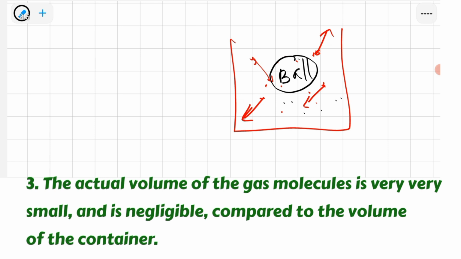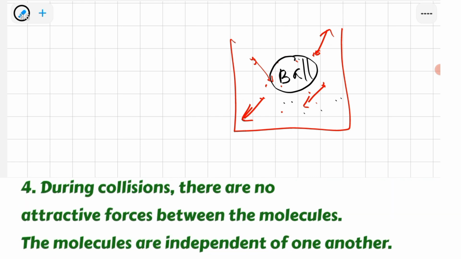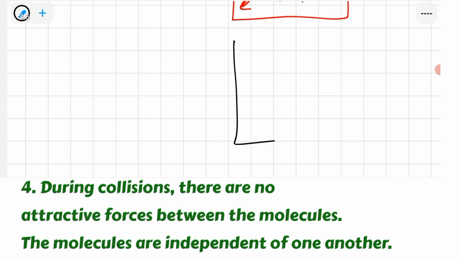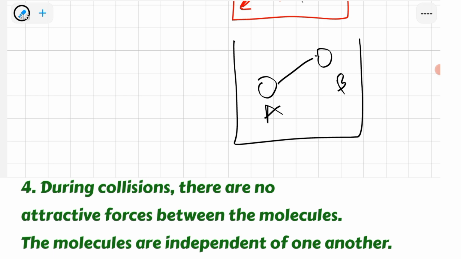Now the fourth one is telling us that during collisions, there are no attractive forces between the molecules. That is, the molecules are completely independent of one another. Now, look at this scenario here. When particle A and particle B collide, when they hit each other, there is no attractive force between the molecules.